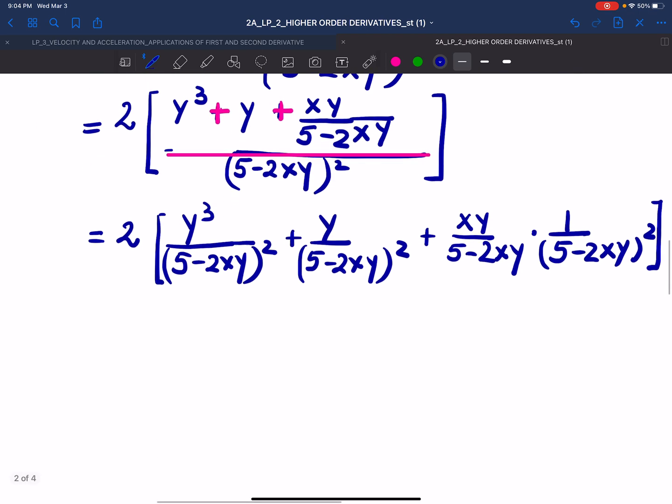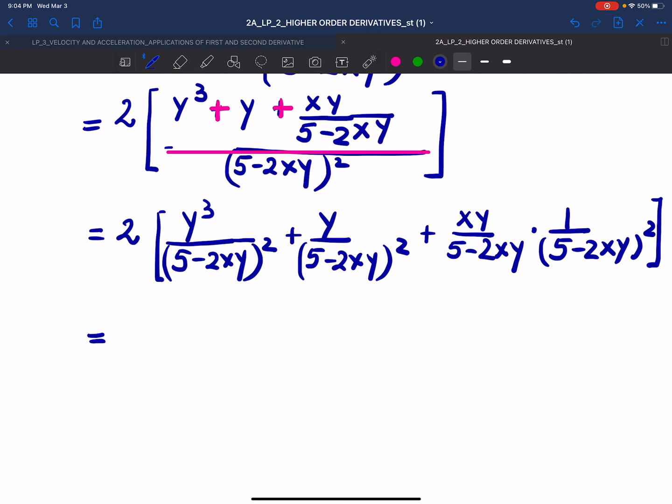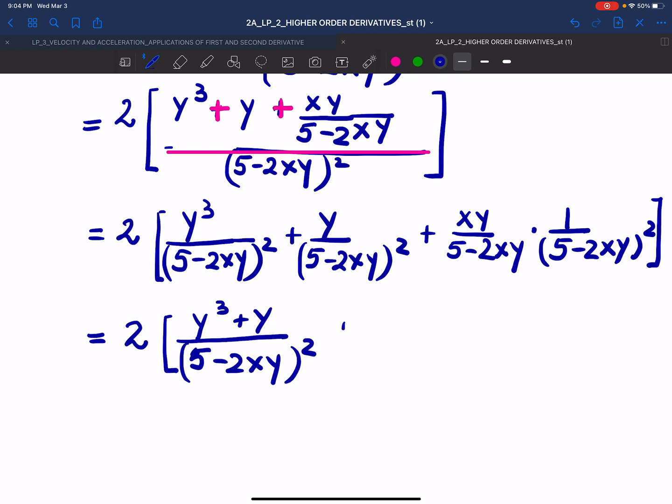And I would rewrite this in a more simplified form as 2. Then we have y cubed plus y times (5 minus 2xy) to the power of 2, plus xy times (5 minus 2xy) to the power of 3.